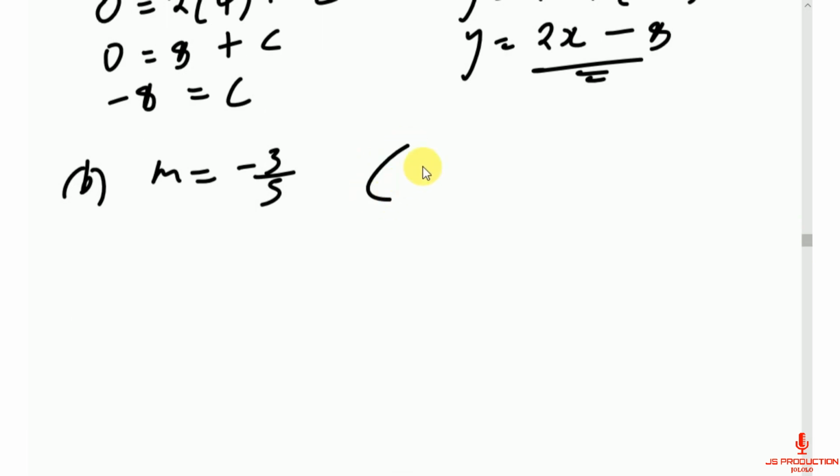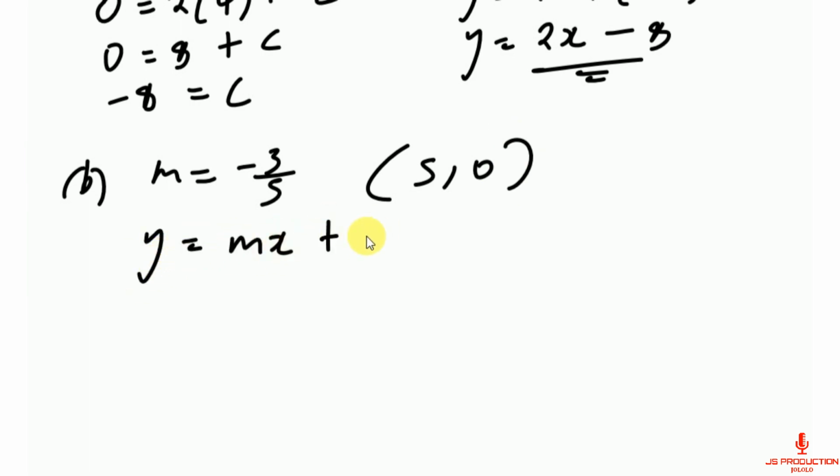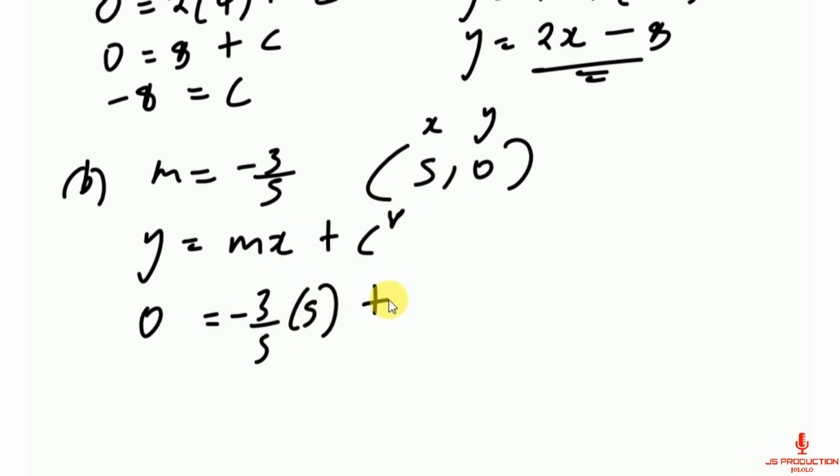So for the next one we have 5, 0. So we can say y is equal to mx plus c. We are going to calculate c, since we don't know c, but we have our x and our y. So our y is 0, which is equal to m, that's negative 3 divided by 5, and our x is 5, plus c.